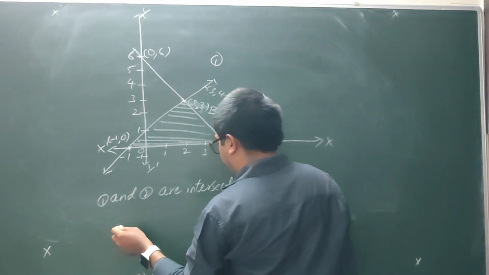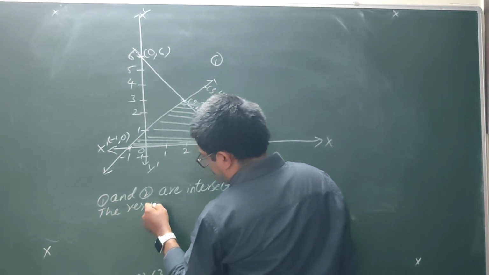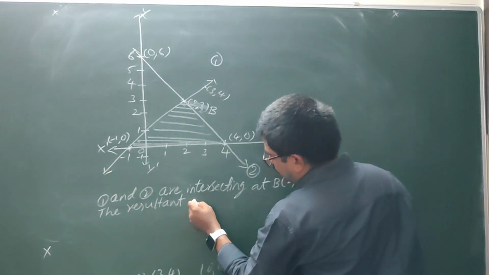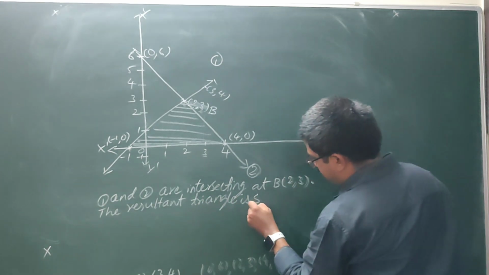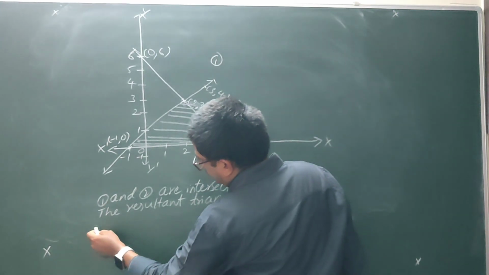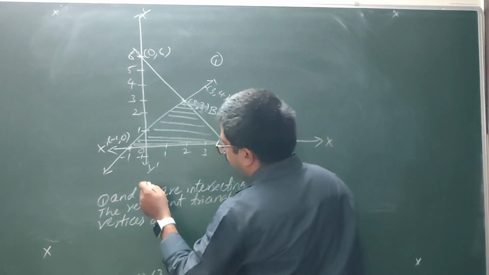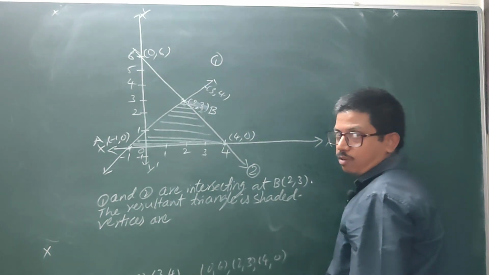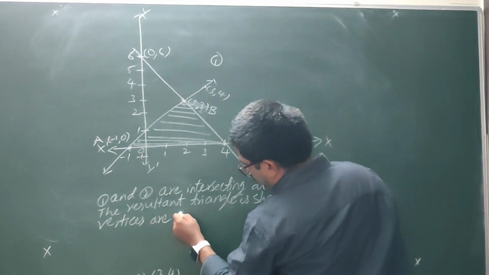The resultant triangle is shaded. So vertices are A. Let me name the coordinates of vertices of triangle A, minus 1, 0.